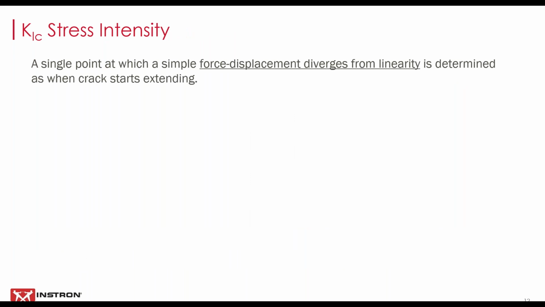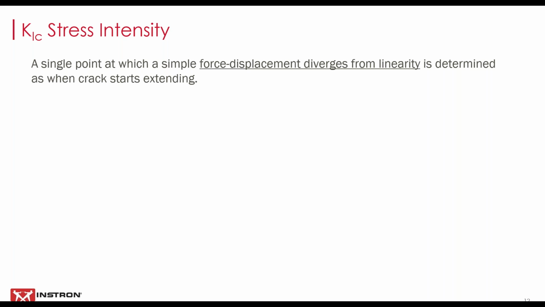So let's look at a couple of the key ones here. Taking the simpler case first about stress intensity, the parameter that you'll see mentioned is K1C. Now we're talking about K, the stress intensity, mode 1, which is opening the crack straight out, and C referring to critical. And what we're going to do is find a single point at which the force displacement becomes nonlinear.